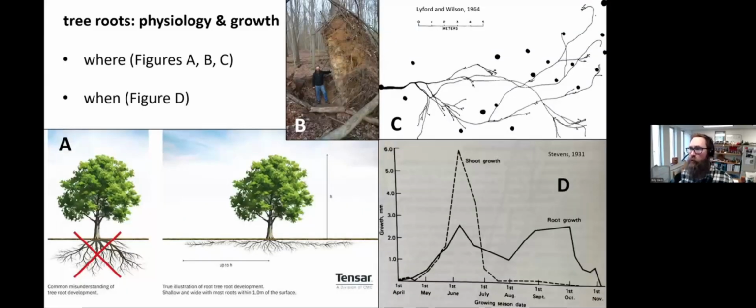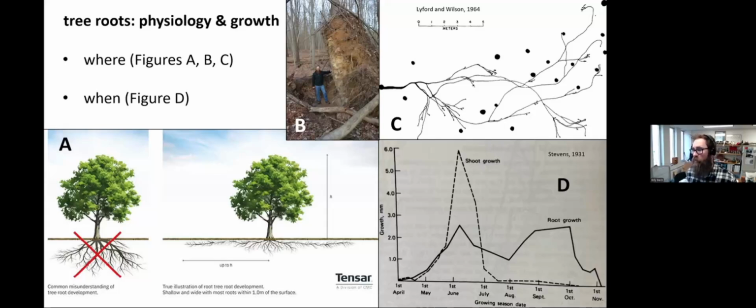So where do tree roots grow? This is a big thing I see every time I see somebody's shirt that has an artist's rendition in figure A here on the left with the X, and nothing against artists, but that is not how tree roots grow in general. They don't have this wide expanding fan that goes down and wide at equal proportions.